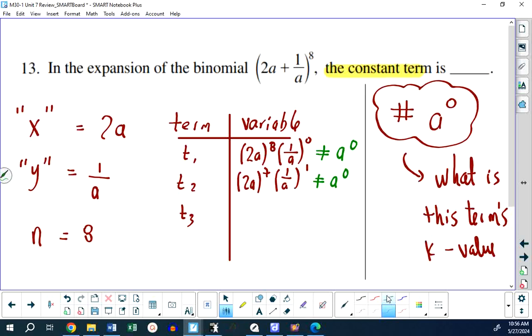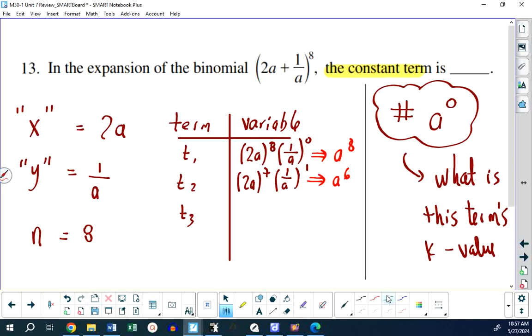Now, you can, if you want, you can be very specific here and say this will be a to the 8. This will be a to the 6. Right? In terms, I didn't put equals because there's that 2 and there's other stuff there.